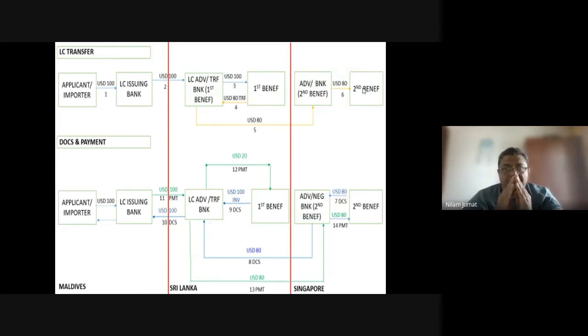So Ching has no right to claim money from People's Bank. If he claims, People's Bank will say, look here, my friend, I am only a transferring bank. I just transferred to you the Bank of Ceylon Mali LC.